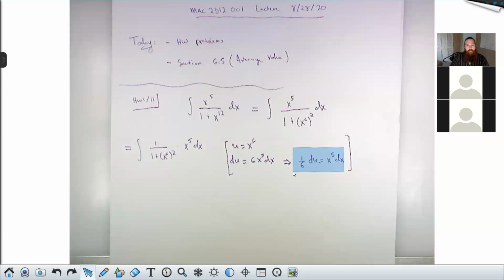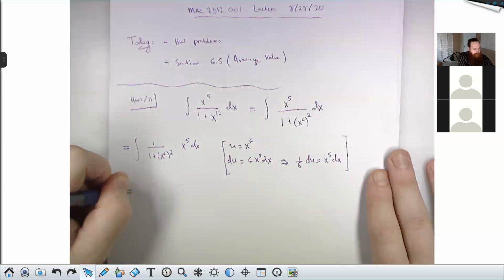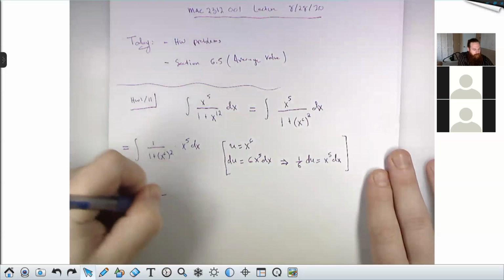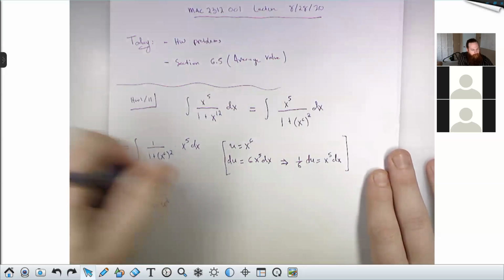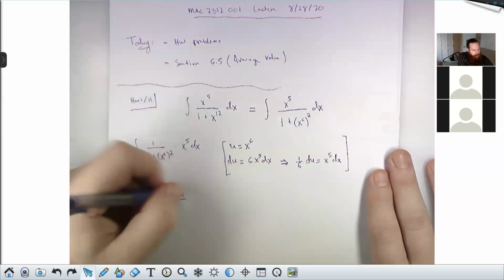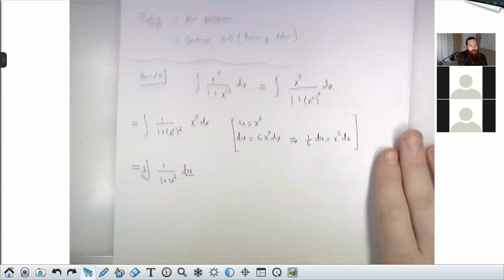I prefer to write it like this. I prefer to try and identify the piece that I have and then see what that is in terms of du. So this will be 1 over 1 plus u squared times du over 6, or 1/6 there. I can pop the 1/6 out front, actually. Let's go ahead and just do that.